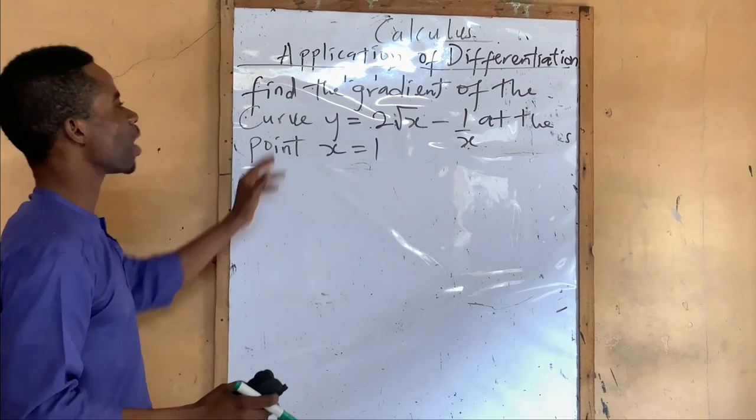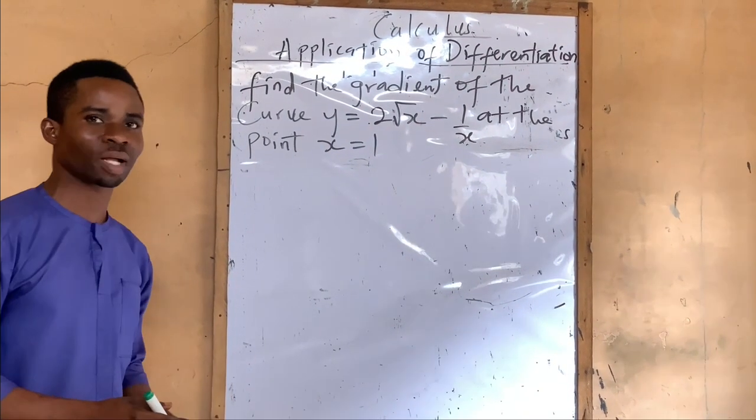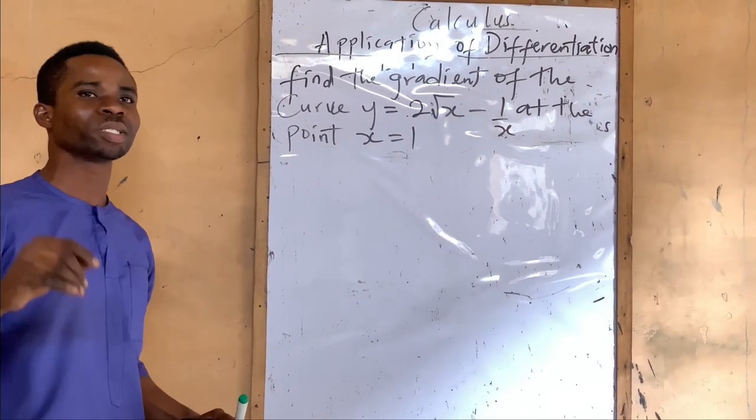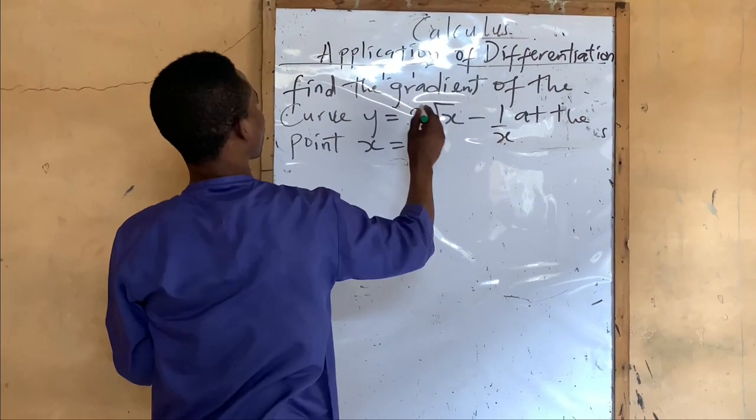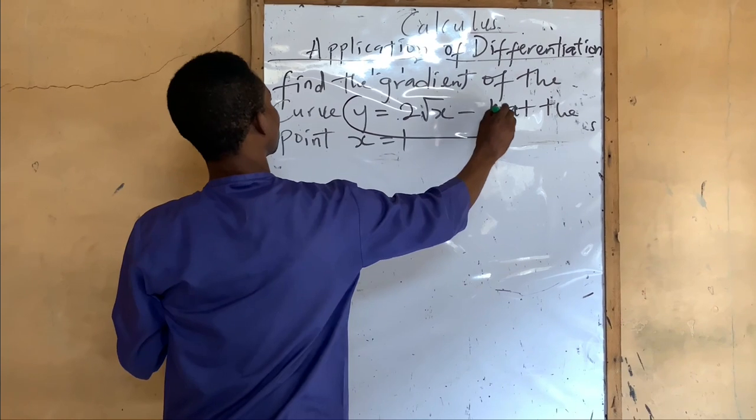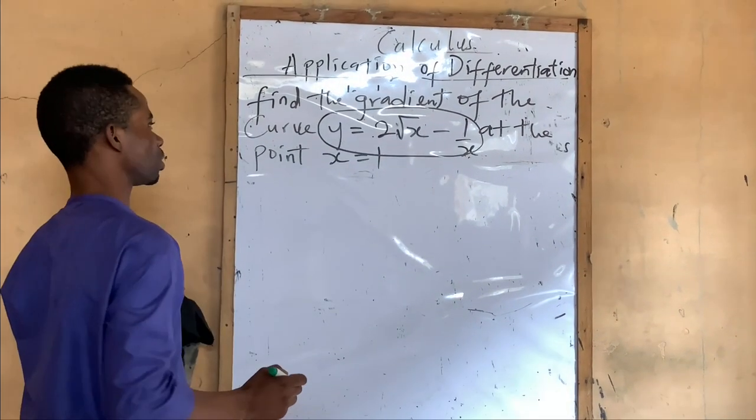So they said we should find the gradient. Like I told us before we started, anytime we hear the word gradient, it means dy/dx. That means we are looking for the derivative of this, dy/dx.